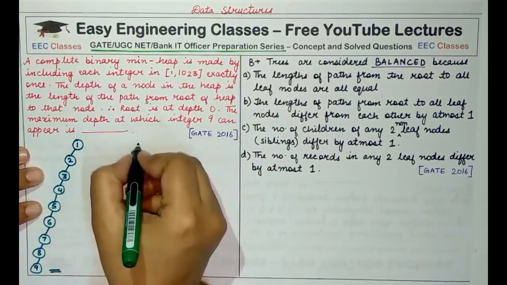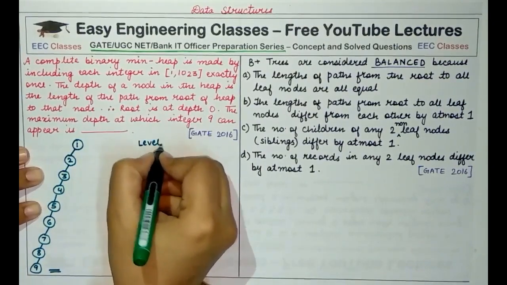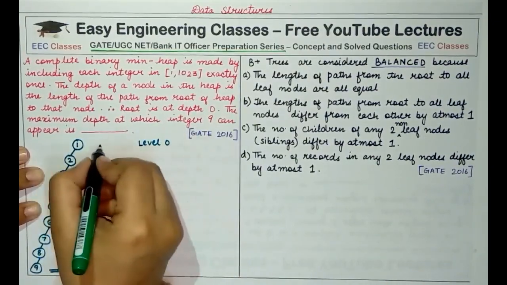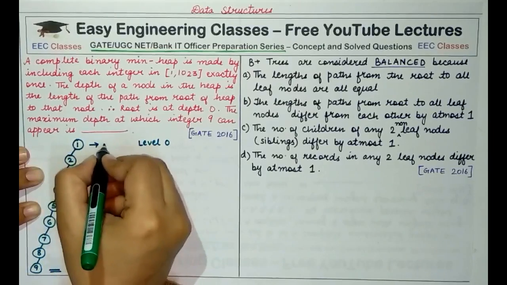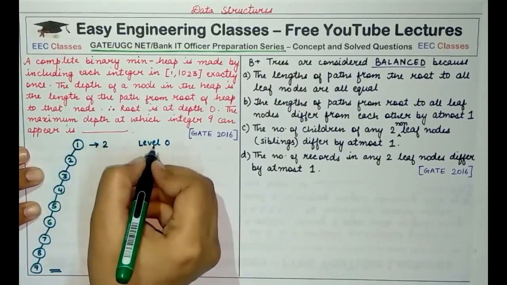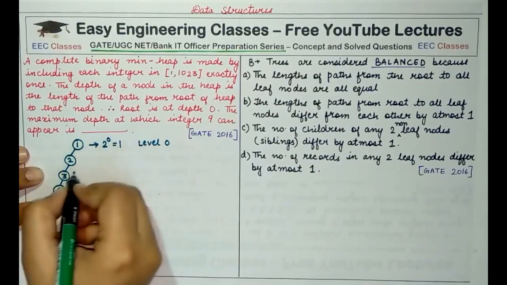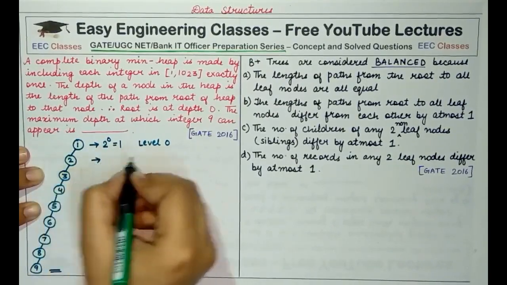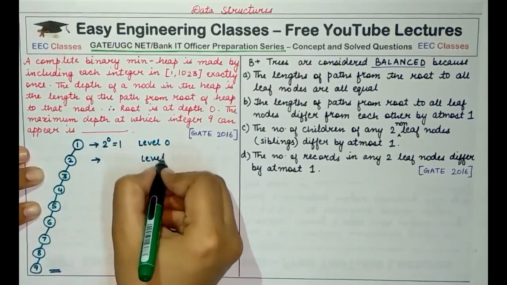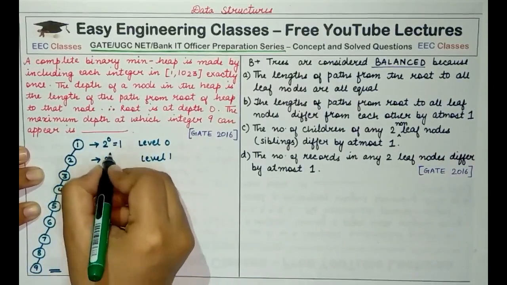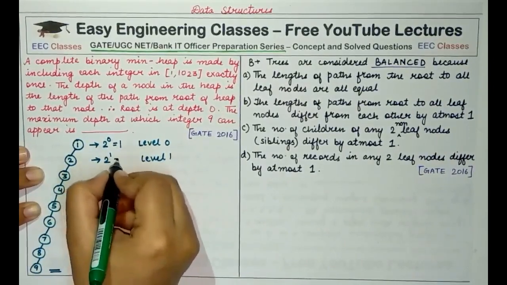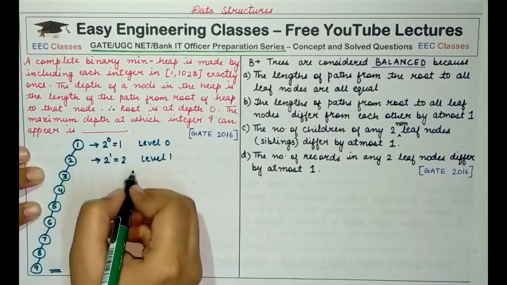If this is level 0, the root node, the maximum number of nodes that can appear is 2 raised to power 0, which is 1. I have placed one node here. This is level 1. Maximum nodes that I can place here are 2 raised to power 1, which is 2.